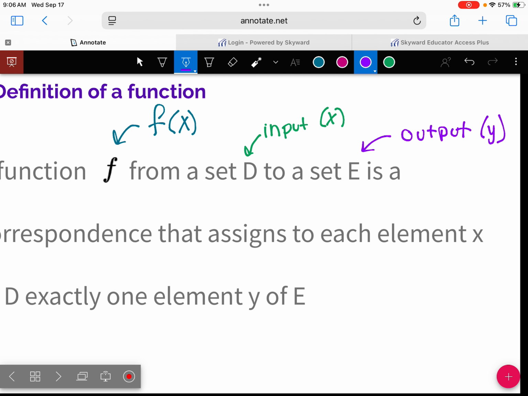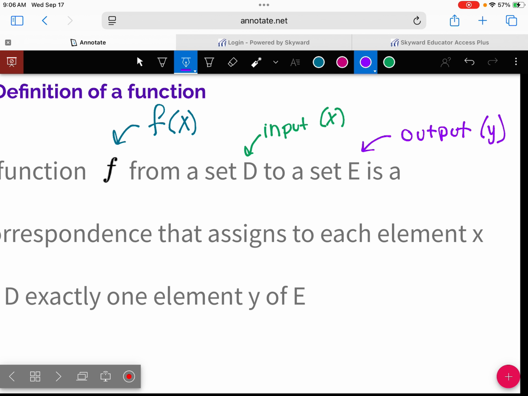It's a correspondence, in a way that each x goes to exactly one y. So each input has only one output. Each x goes to only one y. When I substitute in an x of 2, I get one answer.